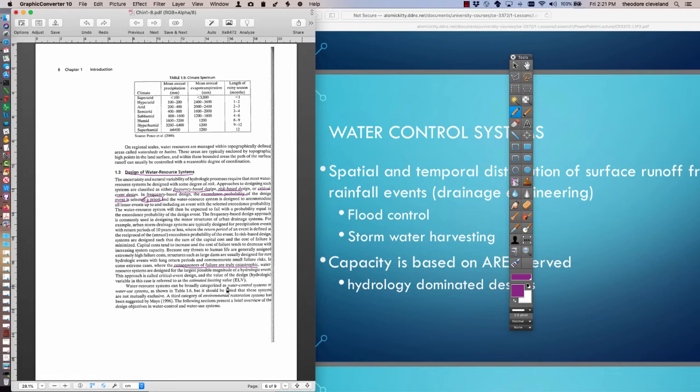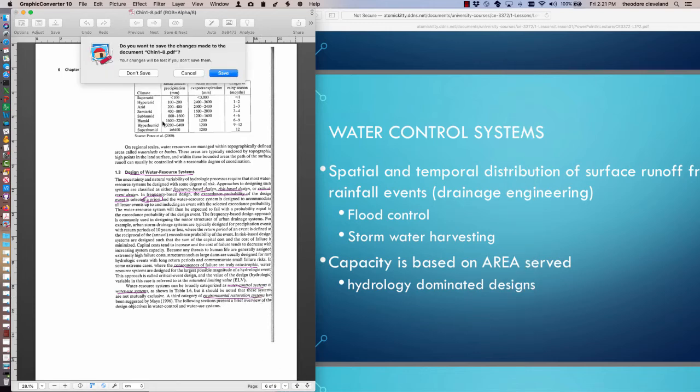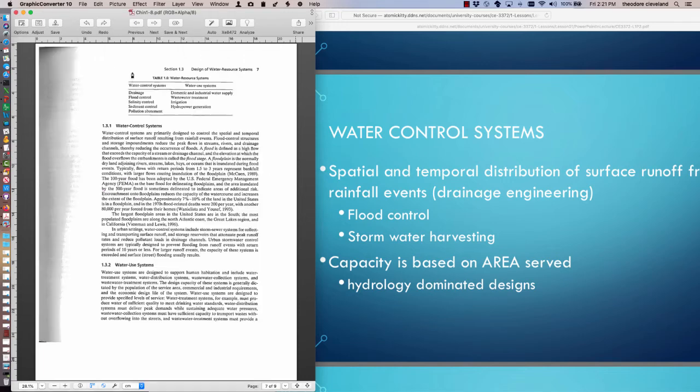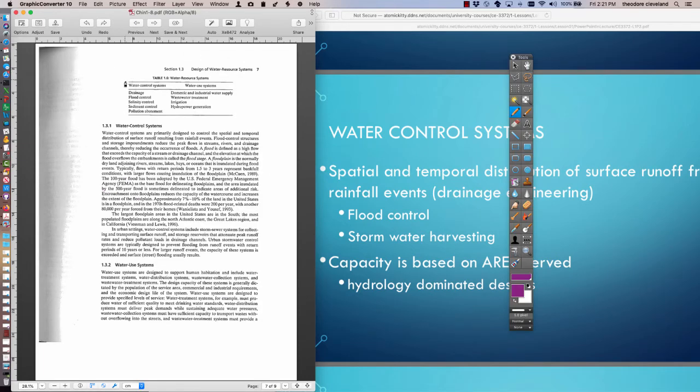So here's where I want to get to. Water resource systems are categorized as water control or water use, and then the third category is environmental restoration systems. So let's move to table 1.6, next page, and you'll see where those things come from. Here the author has described water control and water use systems.